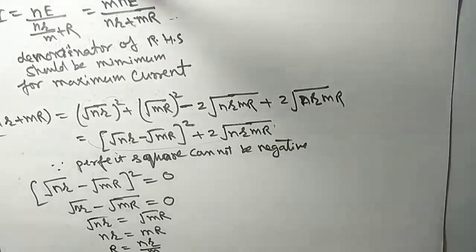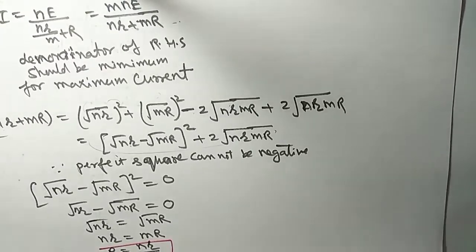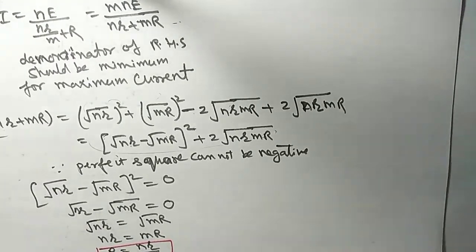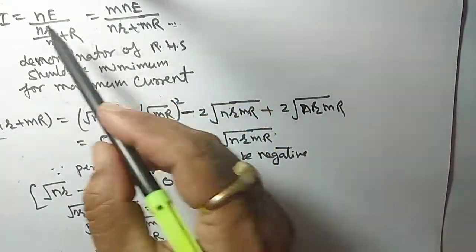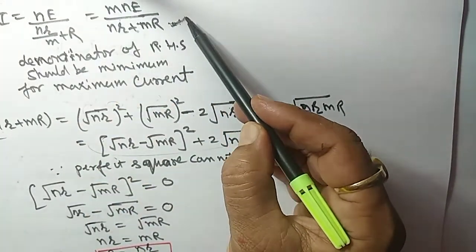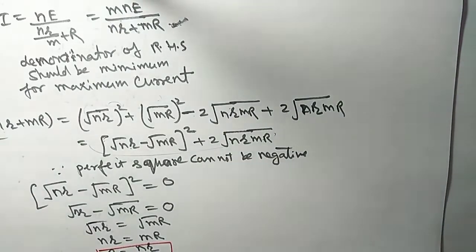So this is the condition to get the maximum current. Only in this condition the denominator of this side becomes minimum.